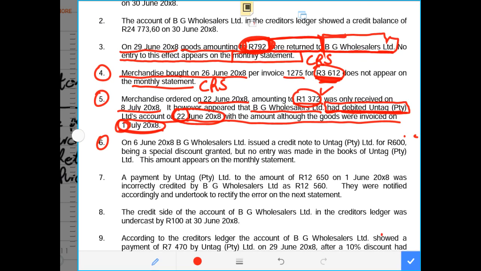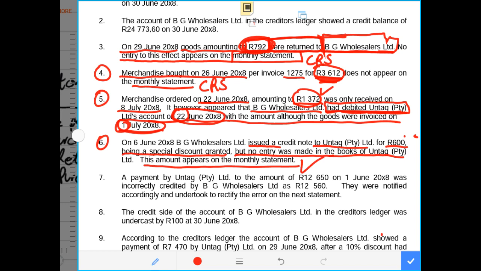So now the next transaction says that on the 6th of June 2008, in the current month, BG Wholesalers Ltd issued a credit note to Antec Ltd for 600, being a special discount granted, but no entry was made in the books of Antec Ltd. This amount appears in the monthly statement.